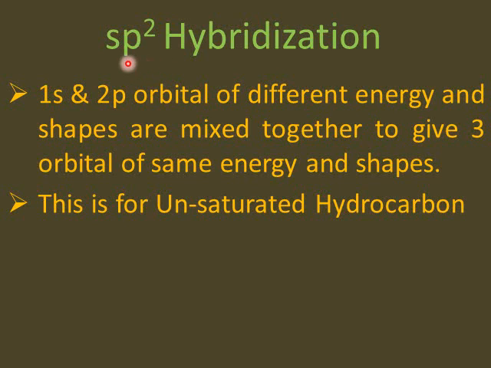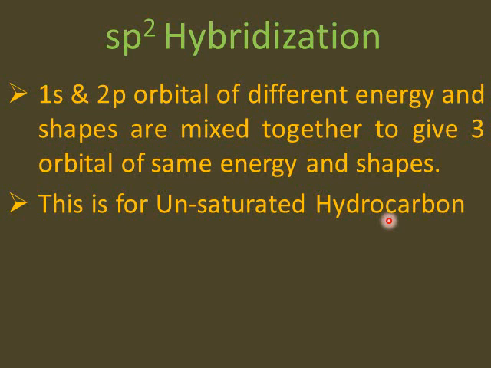Now here is sp2 hybridization. The name indicates 1s and 2p. Now 1s and 2p orbitals of different energies and shapes are mixed together to give 3 orbitals of same energy and shape. This type of bonding occurs in unsaturated hydrocarbons.